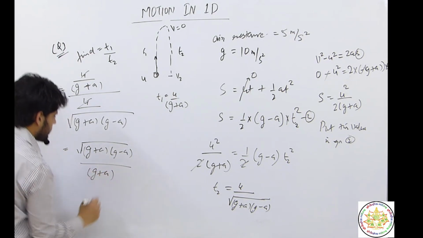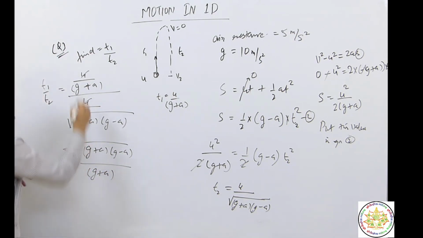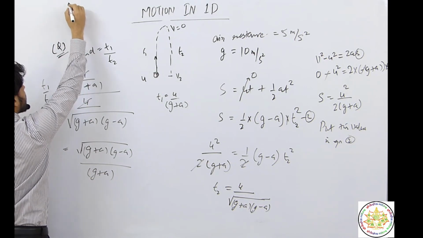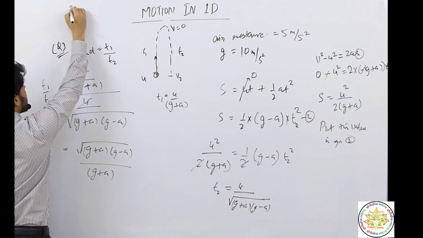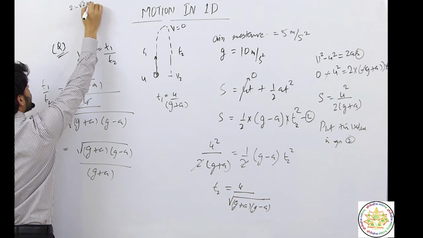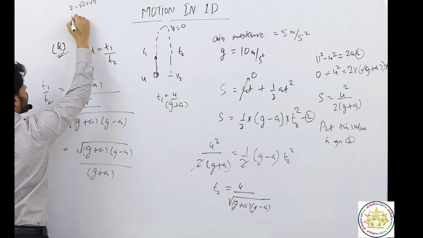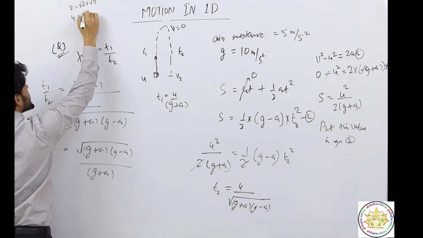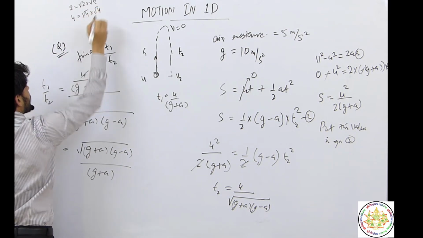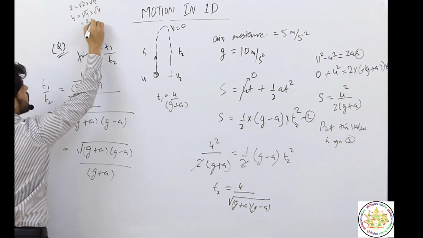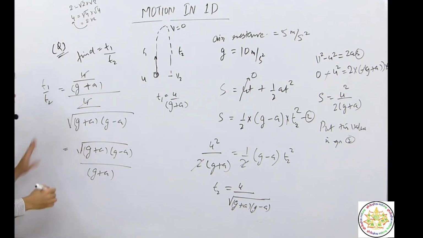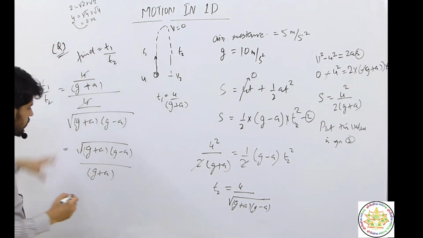Again this forms as under root g plus a. Okay, see this you must be knowing: 2 can be written as root 2 into root 2, or 4 can be written as root 4 into root 4, because it's again 2 into 2, that is same as 4. So a value can be written as a product of its roots.